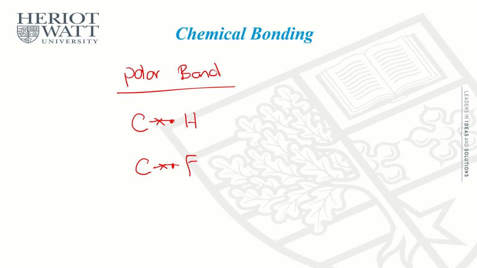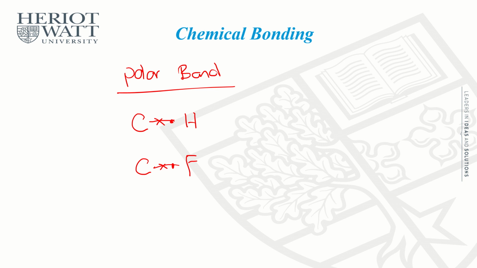It's very simple. Look, between C and H, the difference in electronegativity is very small, which means the electronegativity between carbon and hydrogen is very minimal.